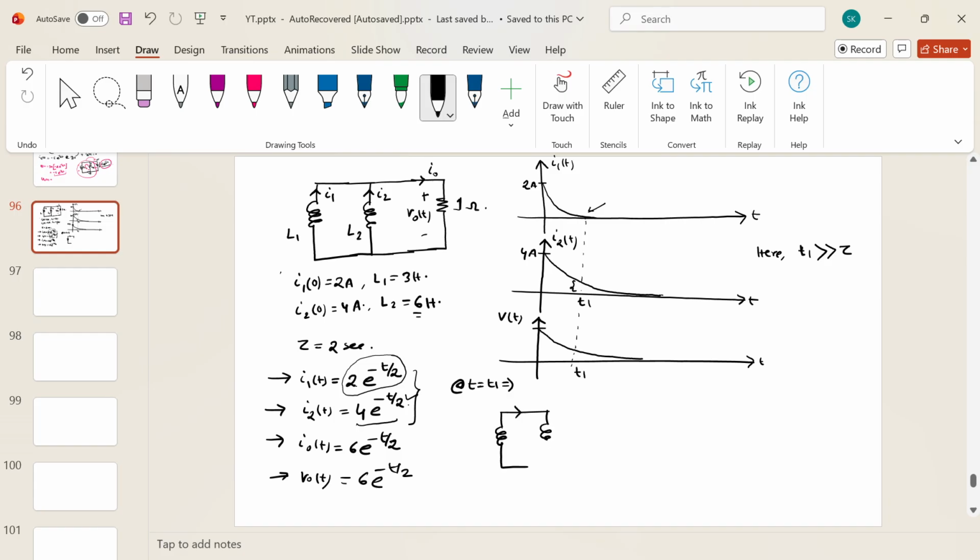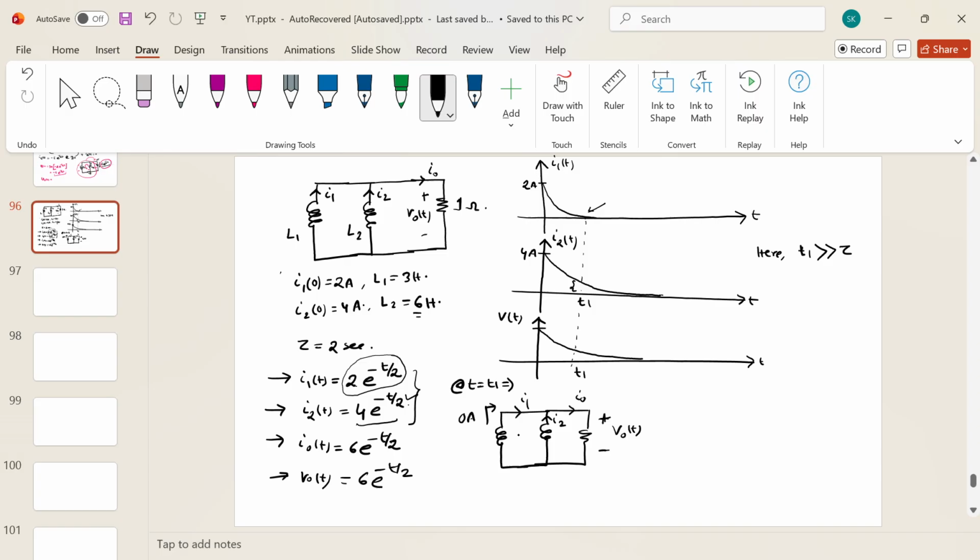This is the inductor L2, this is the resistance, and this is V naught of t, I1, I2, and this is I naught. At t equal to t1, you got 0 ampere current in this direction, but you got some non-zero current in this direction.